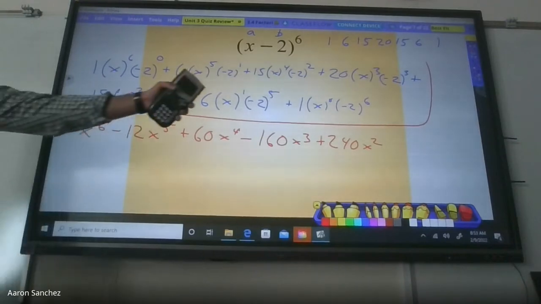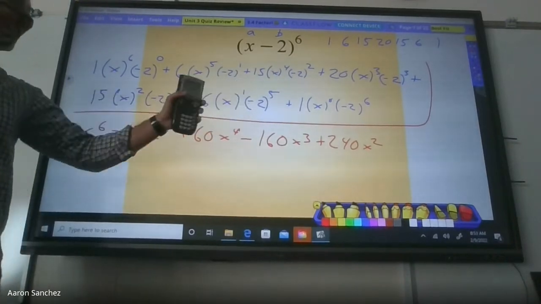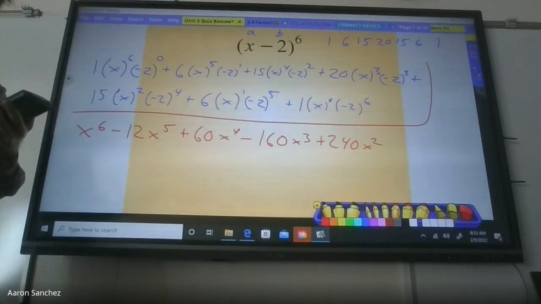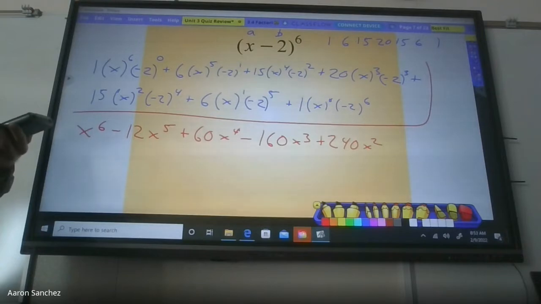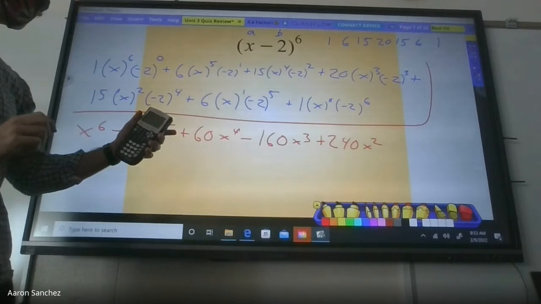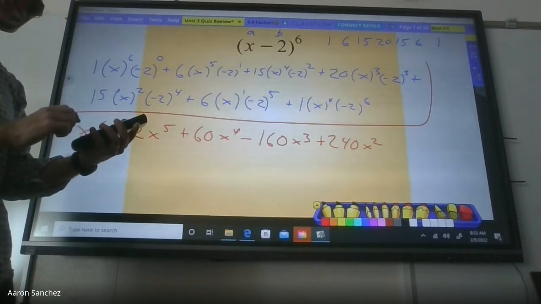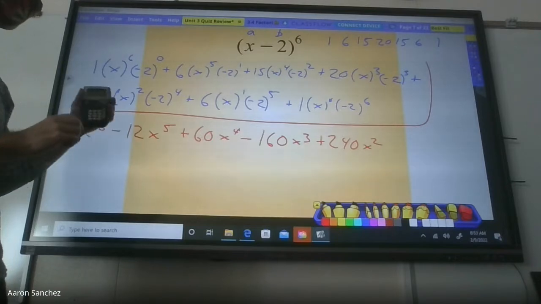It's odd, so it's negative. The odds become negative. 32 times 6. Negative 192. Wait, no. 32 times 6. Why is that smaller? Oh, because this was 15.